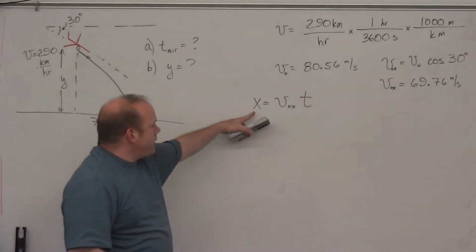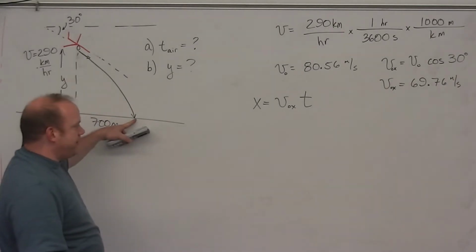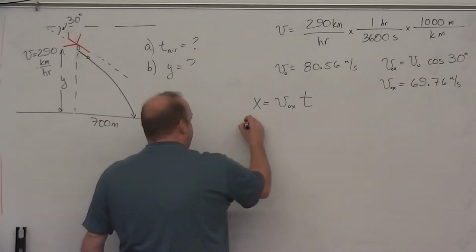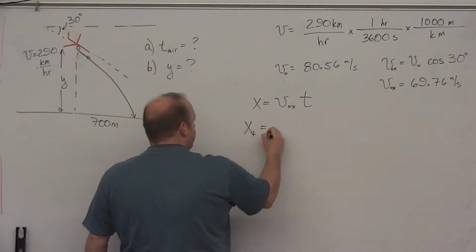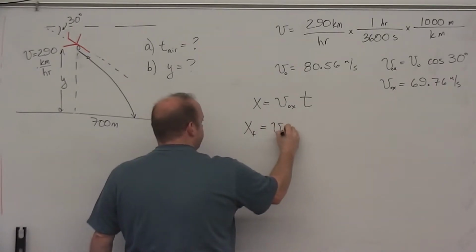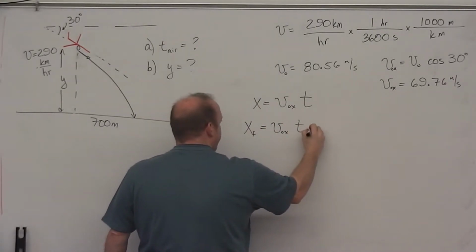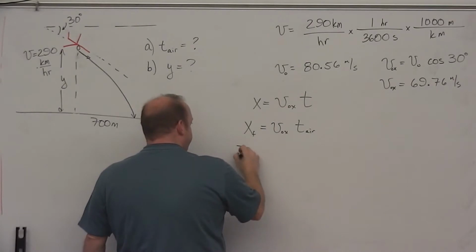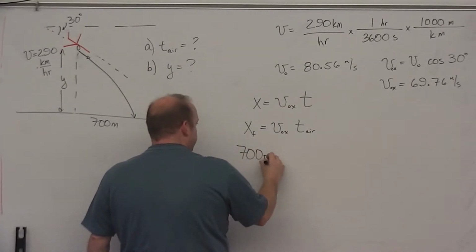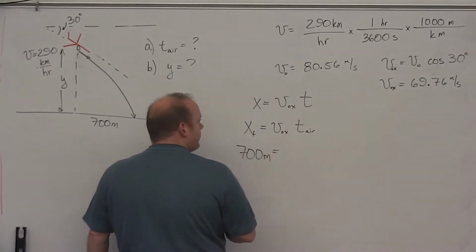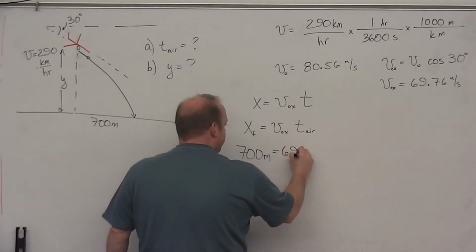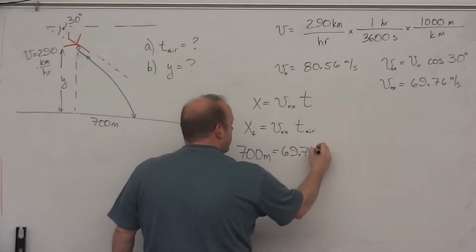So now I want to know what the time is in the air, so I can say that my x final is V0x times t air. So my x final, 700 meters, is equal to 69.76 meters per second.